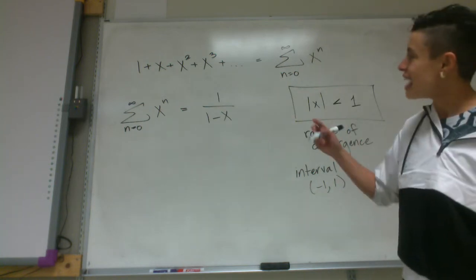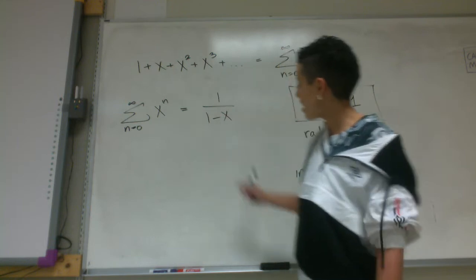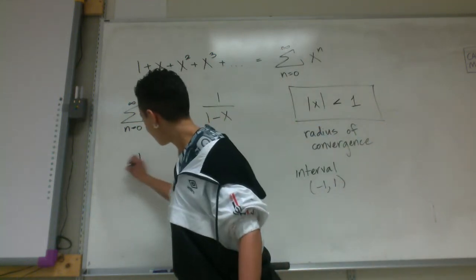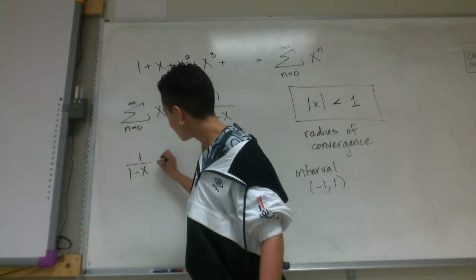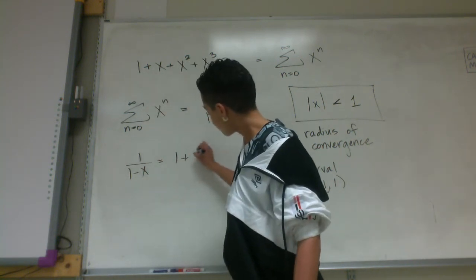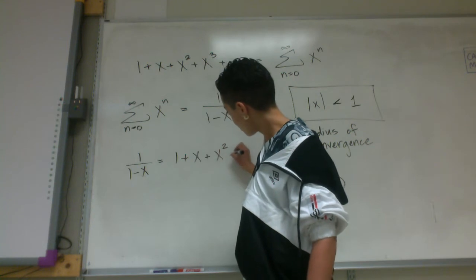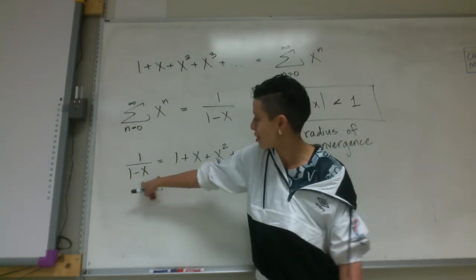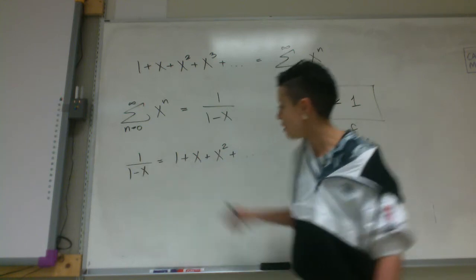The other thing now, given that we have a polynomial representation of 1 over 1 minus x, is that we can use this as a structure to derive some other forms of series.